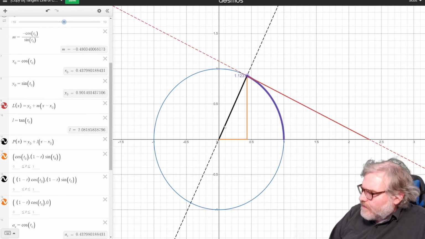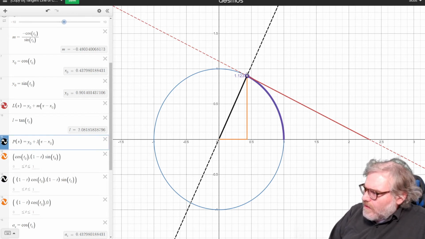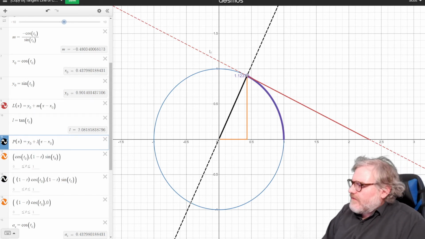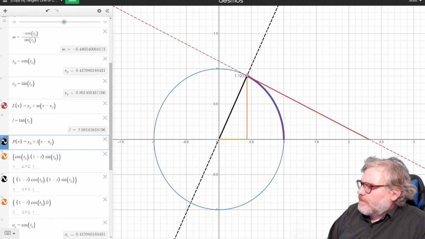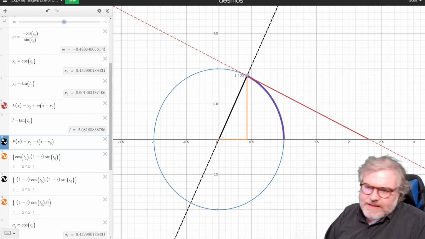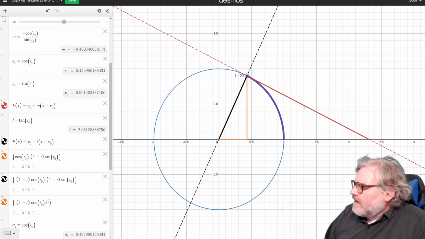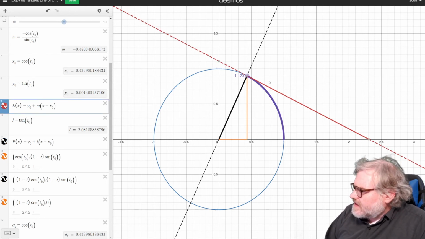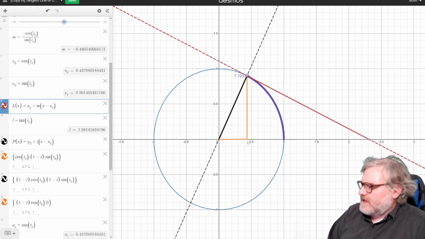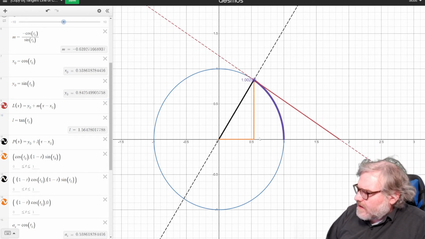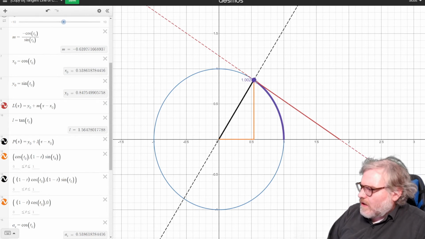This right here is the radius, and I've also added a line that passes through the point that extends the radius. Okay, so I've got the tangent line here, the perpendicular line here, or the normal line it's also called. But the point is that it extends the radius. And then this is the section I'm interested in, the tangent. And this right here, the radius, the cosine, and the sine. And this is my arc length right there.